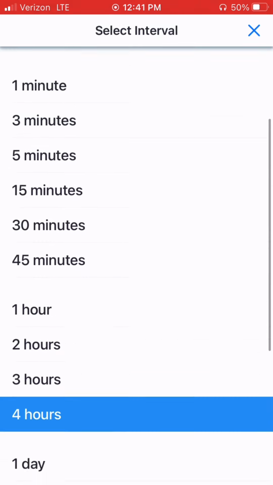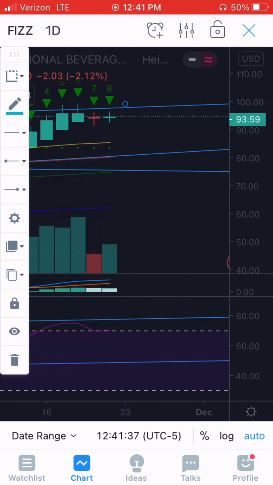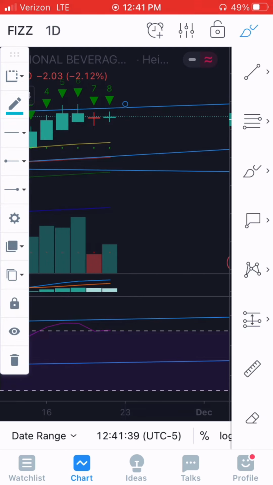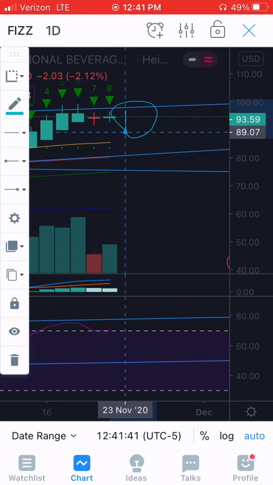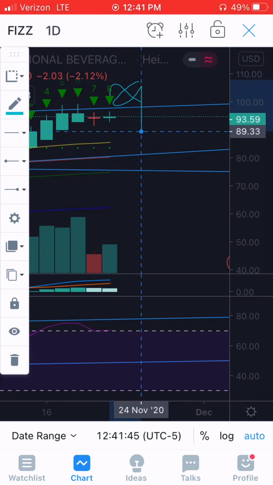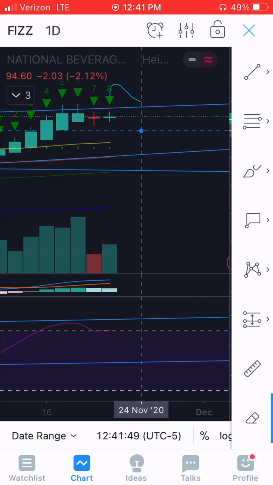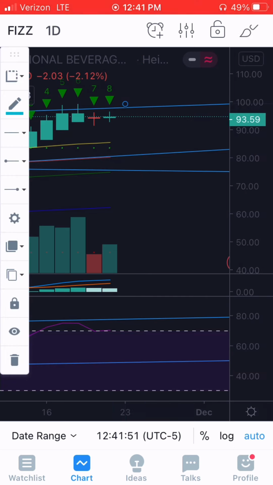Now, you see on the TD9 flash, if you're not familiar with that, watch some of my other videos. I have gone into it quite a bit. I don't want to go into it during this. But we had a red TD9 flash, and on the daily, we're about to have a 9 flash on this next candle, which would most likely be tomorrow.